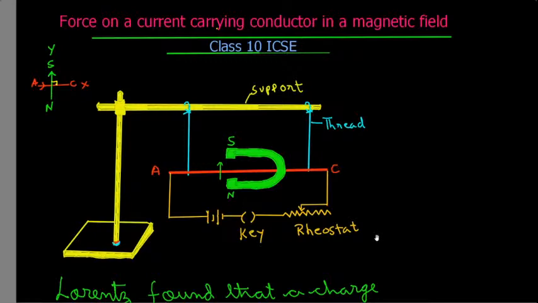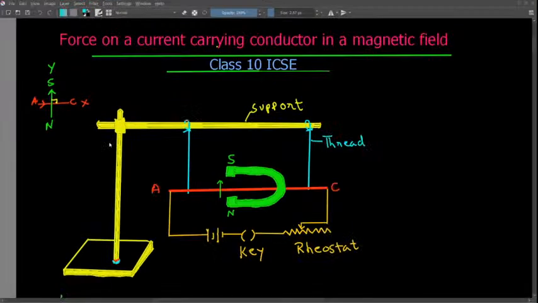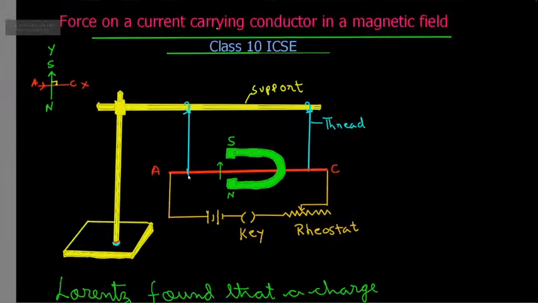The diagram with which I am already ready. Okay, we take a thick copper wire, this red wire over here. AC is a thick copper wire. And we have tied two threads.